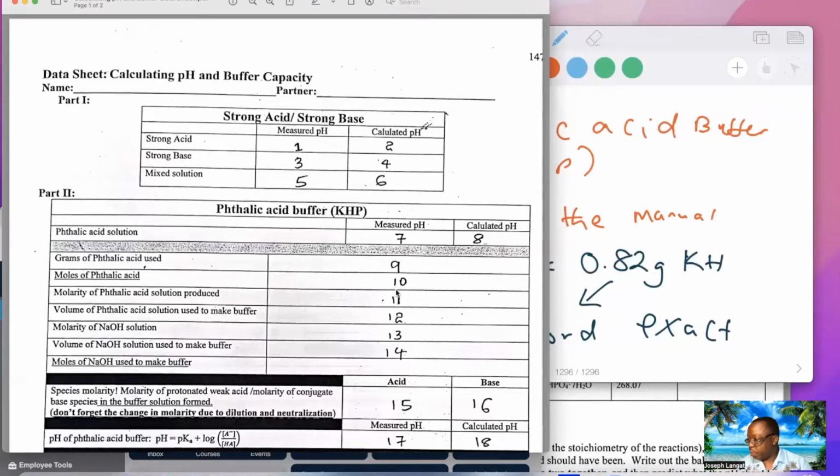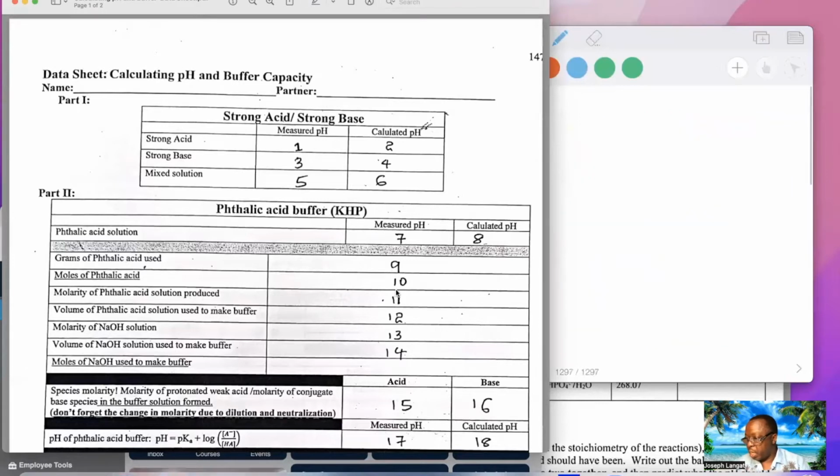Now, number of moles for 10. The number of moles of KHP is given by mass of KHP over molar mass.